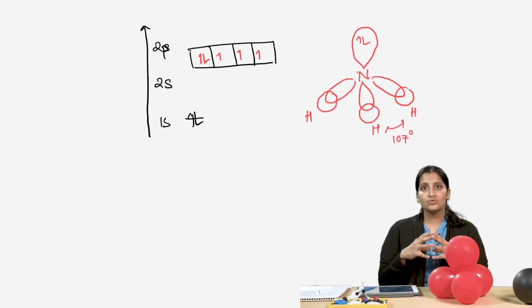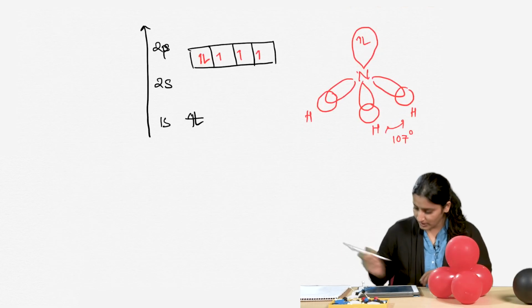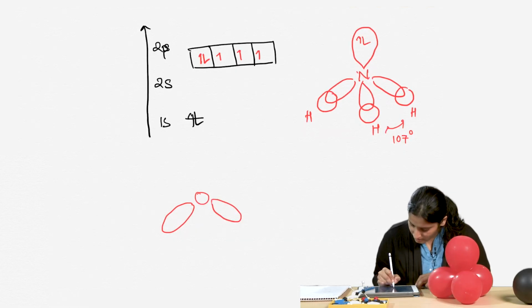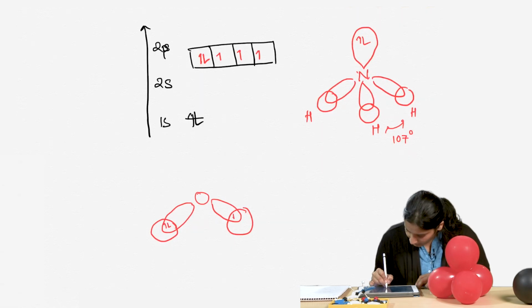As you do that, you will realize that instead of just one lone pair, the oxygen will have 2 lone pairs present. In the case of water, the central oxygen has 2 sp3 hybridized orbitals that are occupying 1 electron each, and they overlap with the 1s orbital of hydrogen.